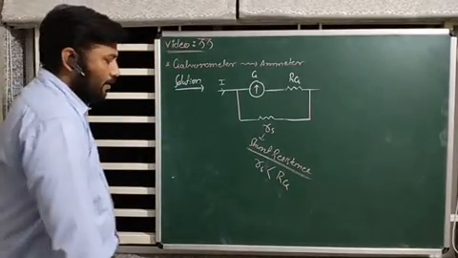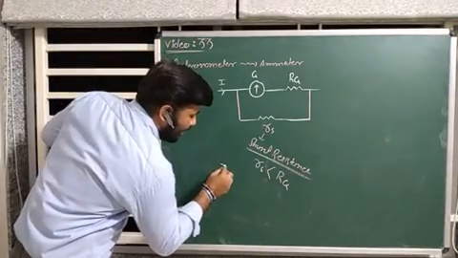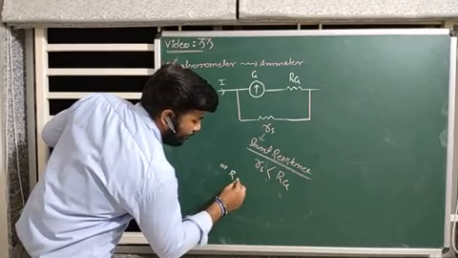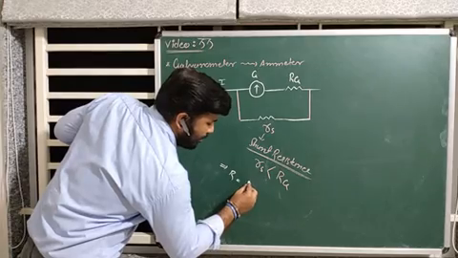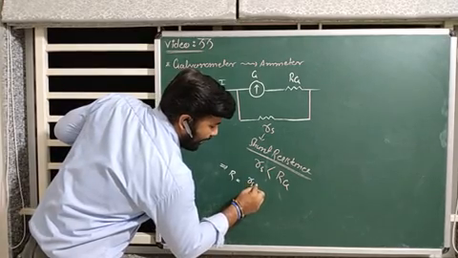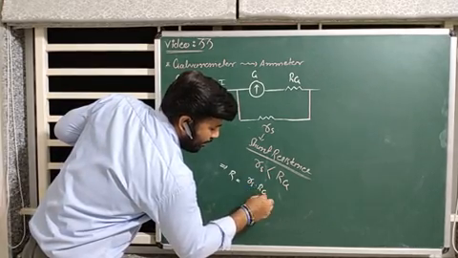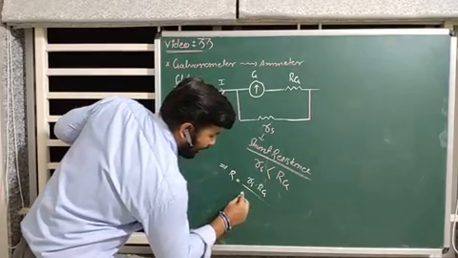Clear? So the total resistance R becomes, as it is connected in parallel, we know that upper multiplication and downside plus.